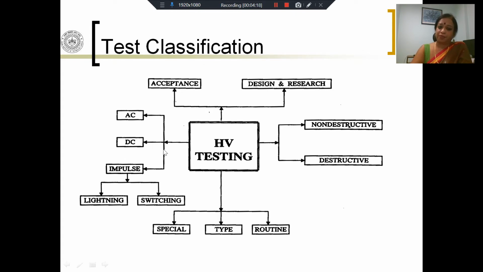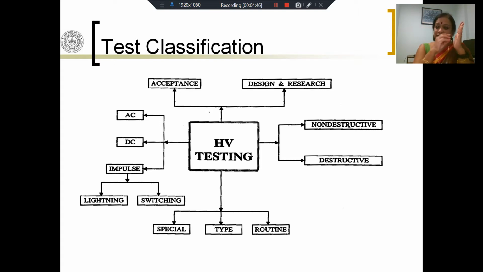We must remember that since the breakdown processes in different materials and under different test conditions are quite different, the way that breakdown will happen when you have lightning overvoltage, or switching overvoltage, or normal frequency overvoltage, the breakdown mechanisms are quite different, and therefore there are different tests for AC, DC, and impulse tests.